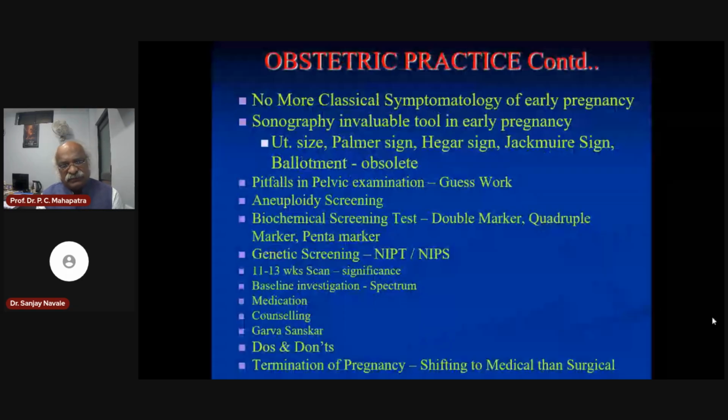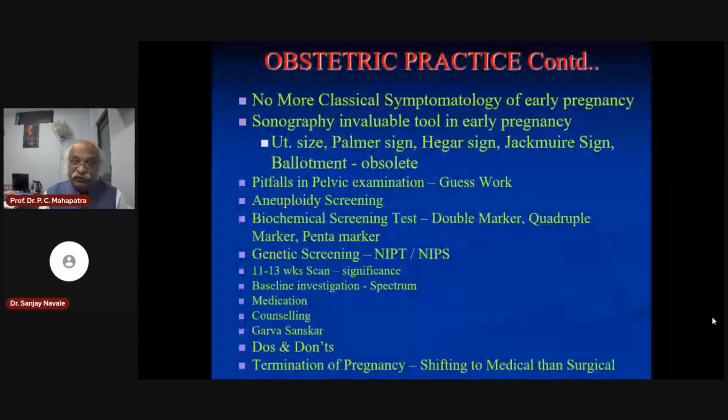NIPS is important. I started doing the NIPT for 1,000 cases, out of which 18 cases were positive for either 13, 18, and 21, and one case for a sex chromosome. The rest, I didn't find a single case with the other genetic disorders. Therefore, I requested these three so that the cost can be reduced, and they reduced the cost to almost around 3.5 to 4,000 rupees.